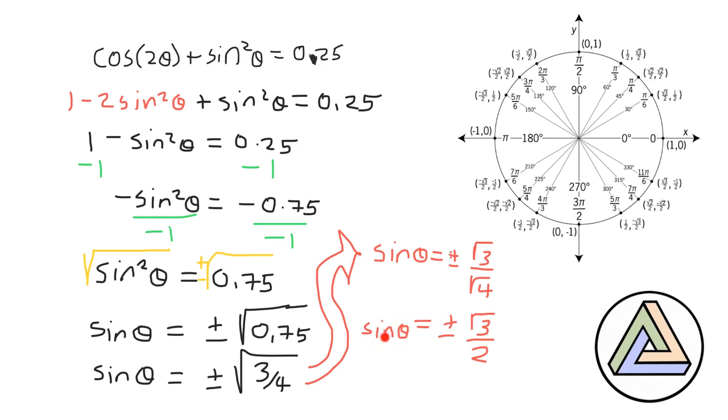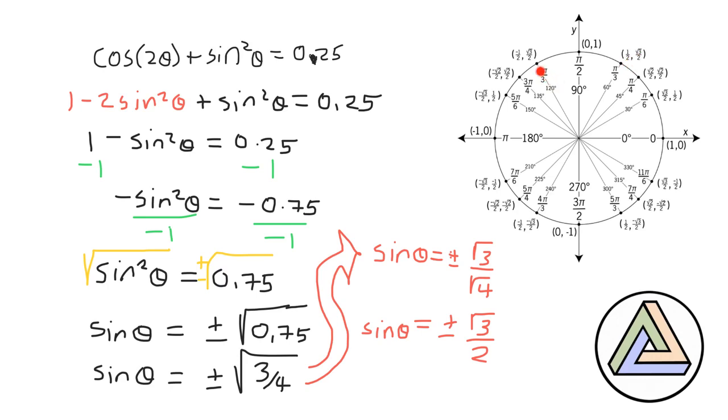Now, the sine function, at least when you're thinking about the unit circle, corresponds with y over r. And since this is a unit circle, that corresponds with y over 1. So that means we're looking for y coordinates that are either positive radical 3 over 2 or negative radical 3 over 2. So clearly we have a y coordinate here of positive radical 3 over 2.